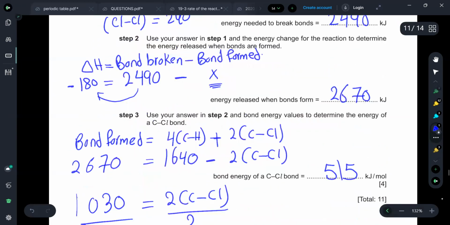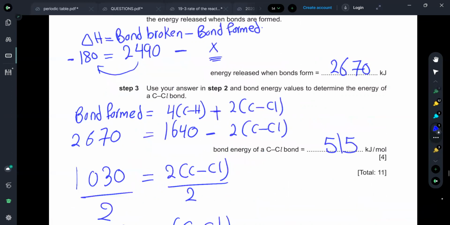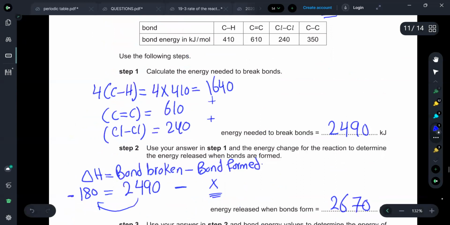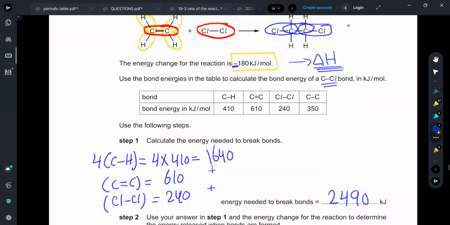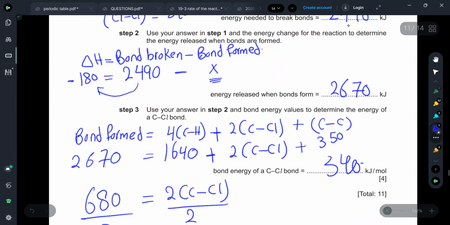So how to get the value of C-Cl? Now you already have the value of bond formed in the product. We have in the product 2 C-Cl, so bond formed 2670 equals 4 C-H.